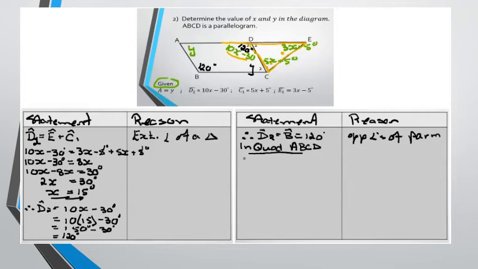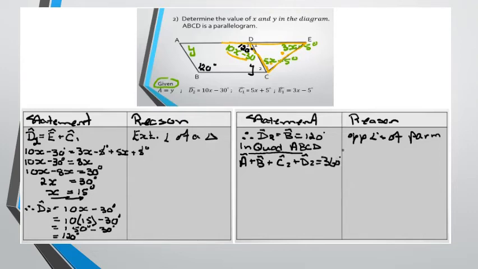I'm going to say that angle A plus angle B plus angle C2 plus angle D2 must be equal to 360 degrees.